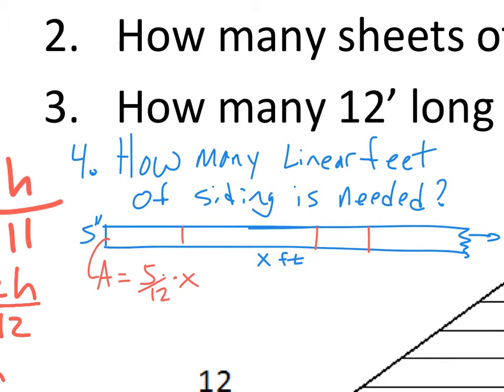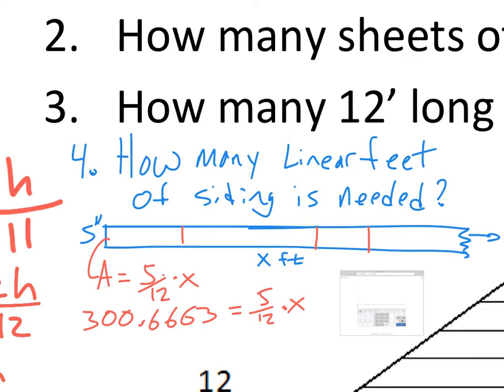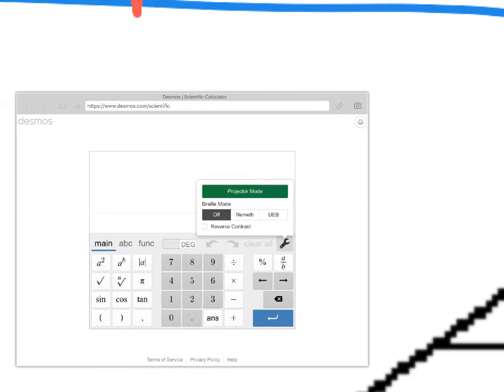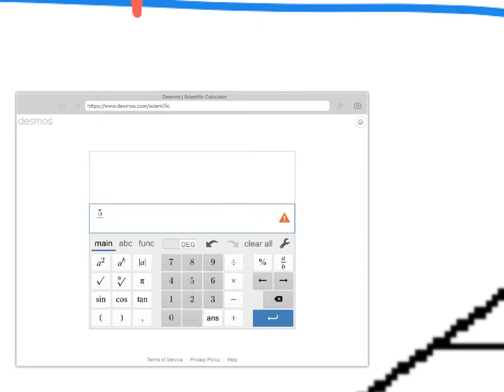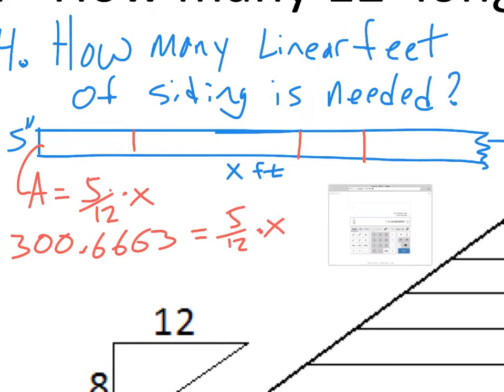Well, we need that to be equal to the area of the house. So we need 300.6663, it was, right? Equals 5/12 times x. And 5/12 gives us 0.416 repeating there, all right?